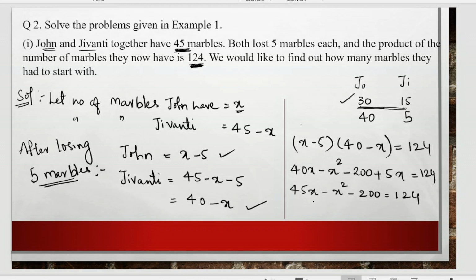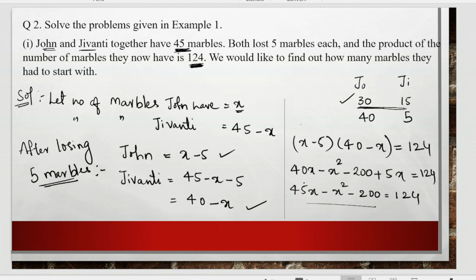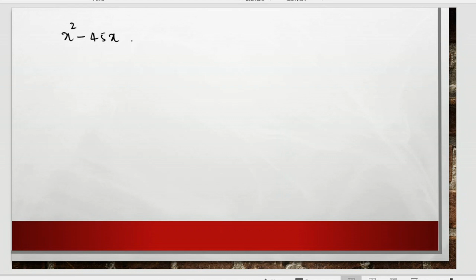Let us take all the three terms to the RHS, because here x square is a negative term. So let us take it to the RHS to make it positive. You will get x square minus 45x, so plus 45x will become minus 45x, and this minus 200 will become plus 200.